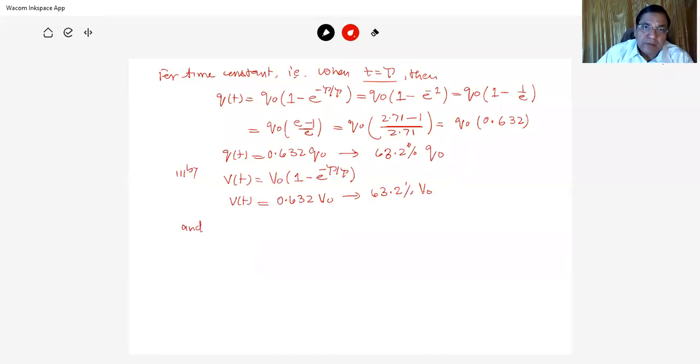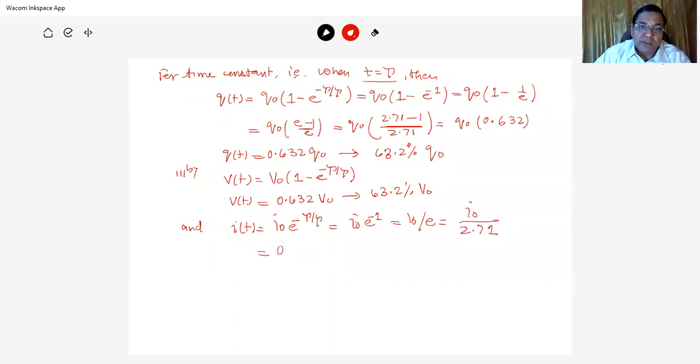And I(t) is equal to I0 e raised to the power minus tau by tau, that is I0 e raised to the power minus 1, that is I0 by e, that is I0 by 2.71.